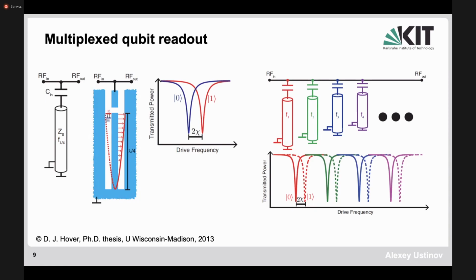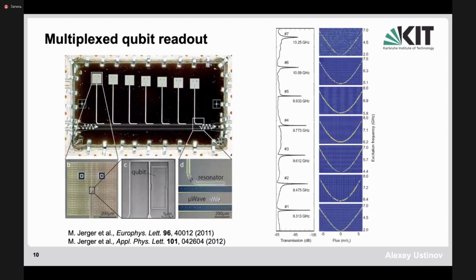And moreover, we can synthesize a signal consisting of many frequency components, and with one pulse of this signal, we can read out multiple qubits. And this is how it's actually done with modern quantum computing circuits. This technique is called frequency division multiplexing, and the typical setup would have multiple resonators coupled to an individual transmission line.